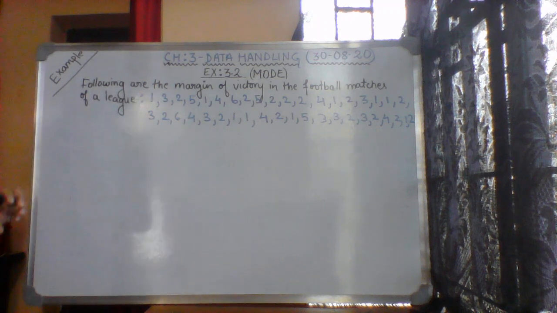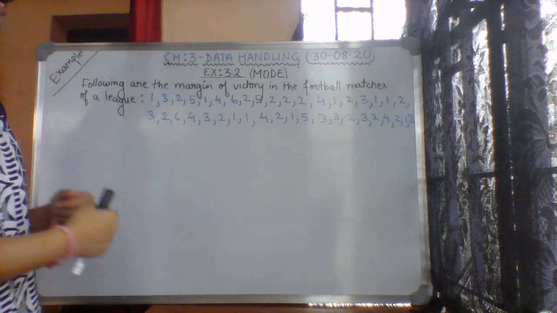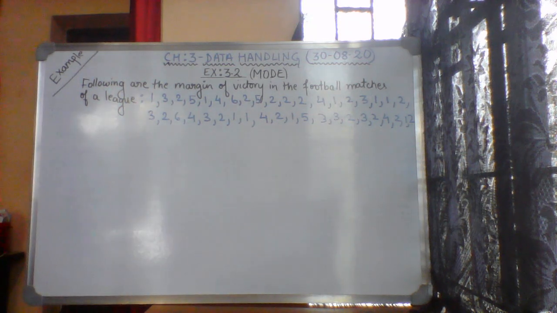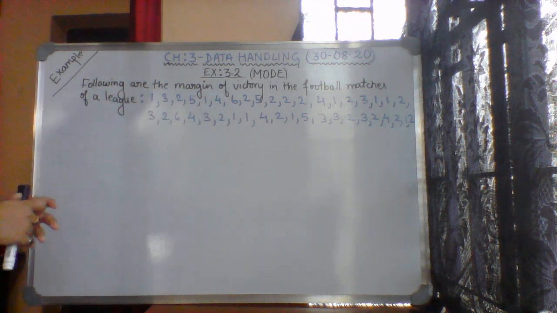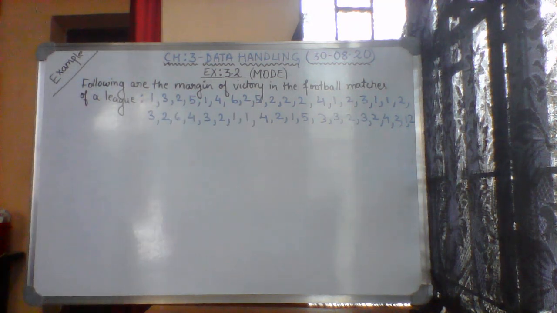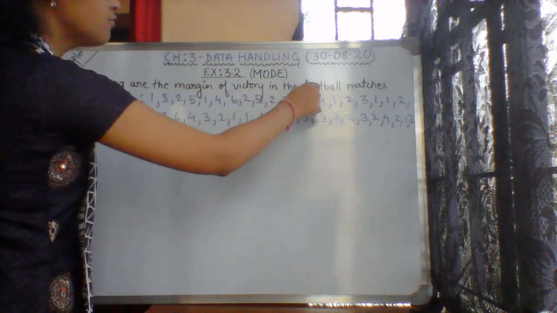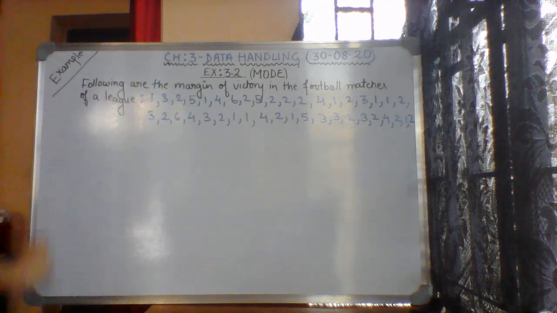Okay friends, now you can see previously it was a short range of data, but now there are so many data values. Approximately I think 40 numbers are there. This is the data given on the margin of victory in the football matches of a league.